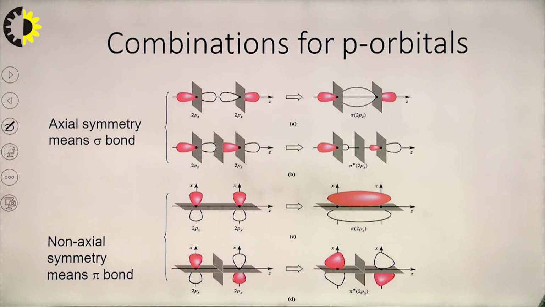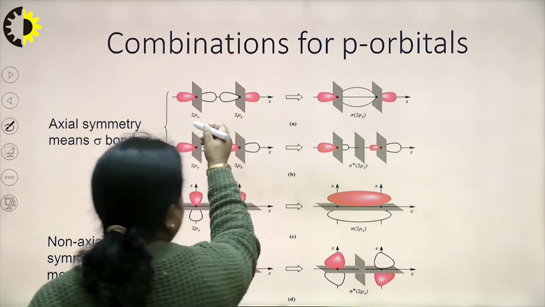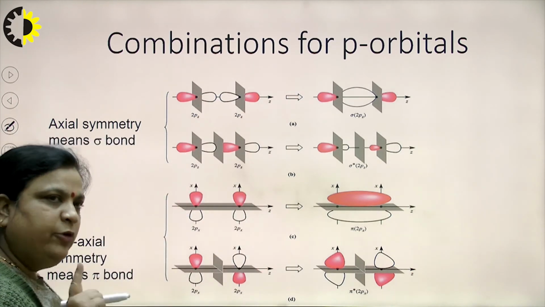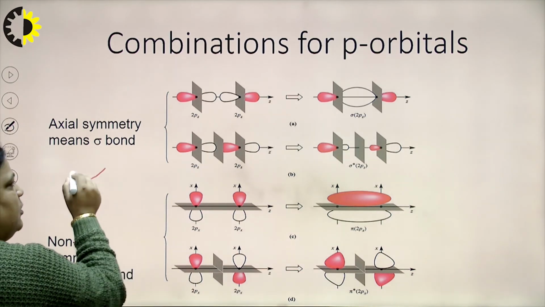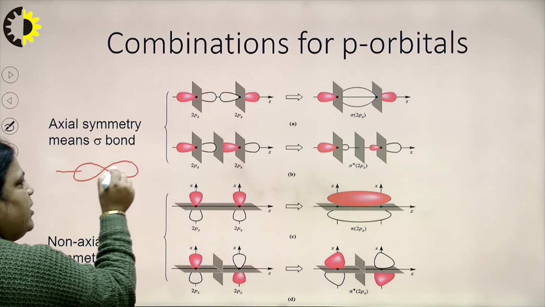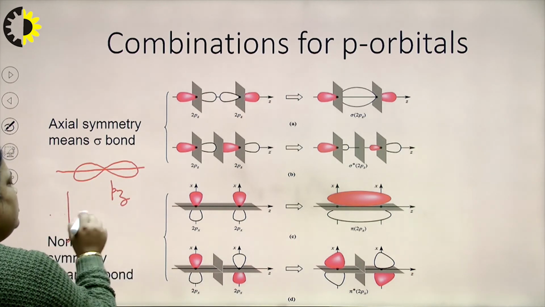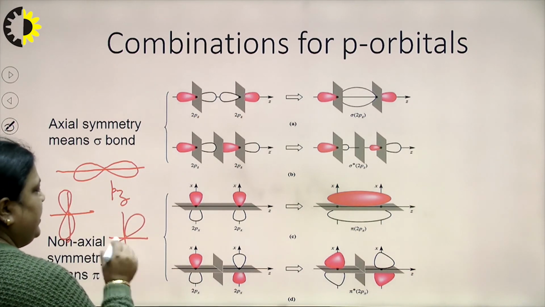Now, p orbitals. Since the p orbital has lobes along the x axis, y axis and z axis, we took here Pz along the internuclear axis, and the remaining two, Py and Px.